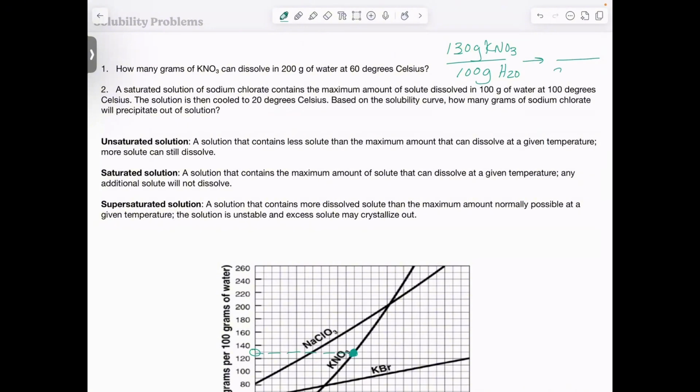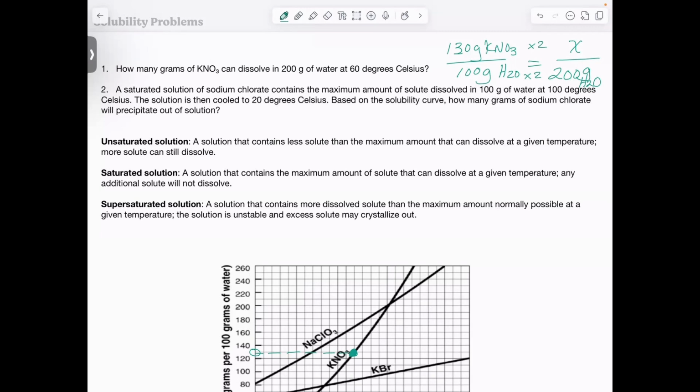So how much, running out of room here, Angie. We can look at this as a proportion, and I should put an equal sign there, right? So what is X? We can use our proportions.